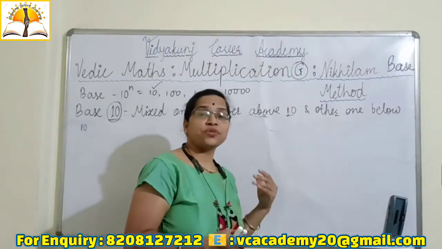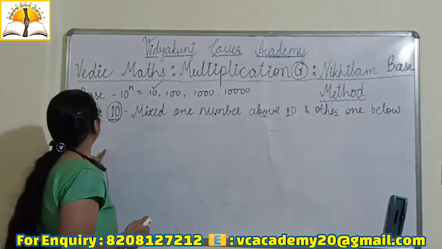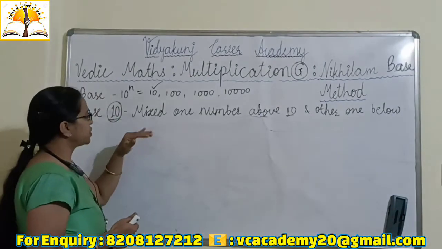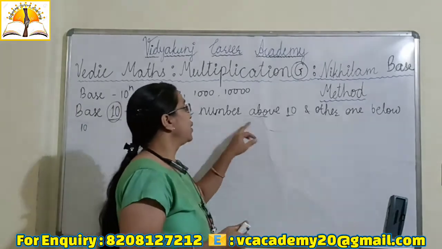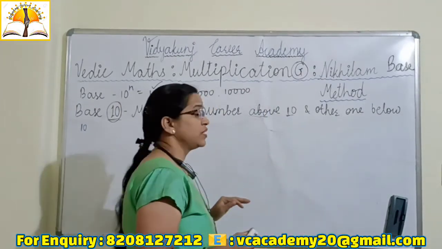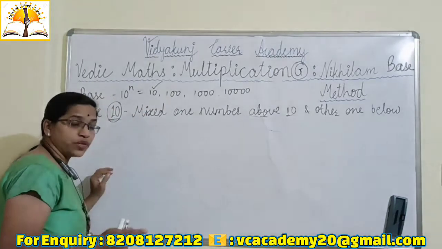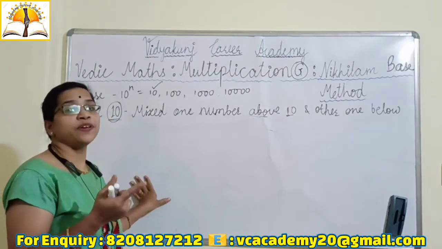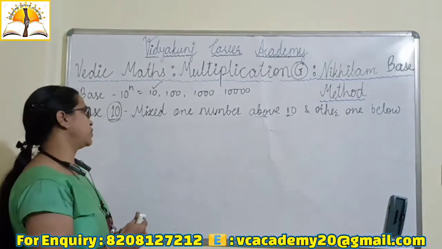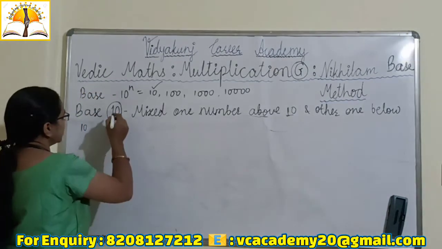I have written below 10 numbers and above 10 numbers. Now we are going to see mixed. Mixed means one number above 10 and the other below 10. One number we take above the base and another number below the base.